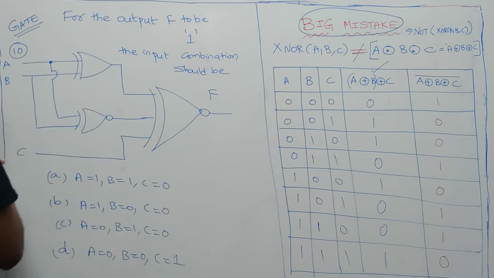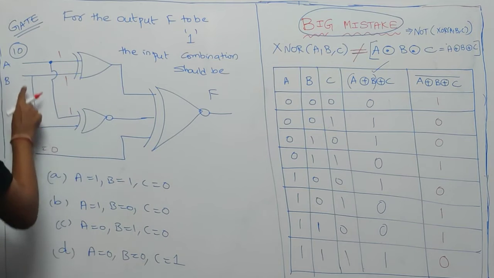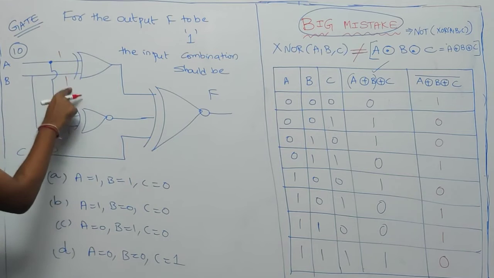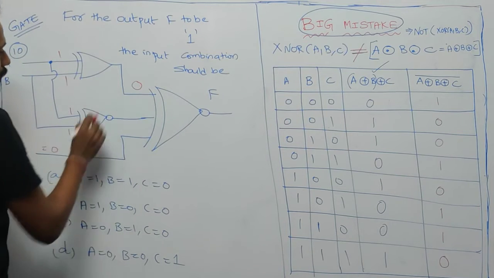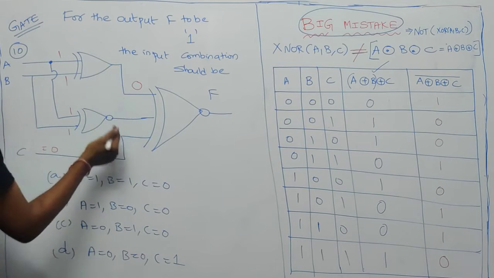A is 1, for example. A is 1, B is 1, C is 0. Are you getting it? If A is 1, the same input is given here. B is 1, the same input is given here. Correct? 1 XOR of 1 is 0. XNOR is exactly the inverse operation of this.